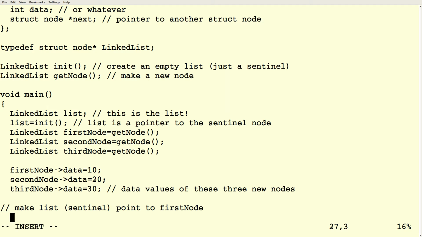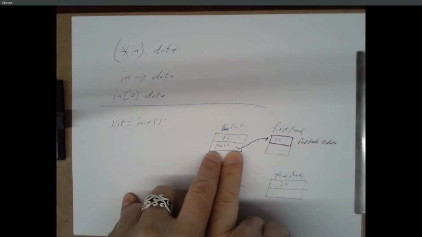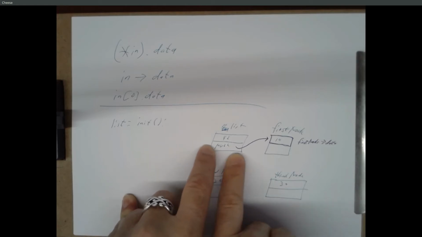So we want list to point to first node. So what's the name of this pointer block inside the node called list? Not exactly next. Yeah, in that block it's called next, but what's the expression we would use in C to access this block?